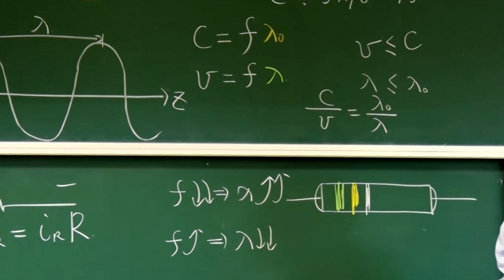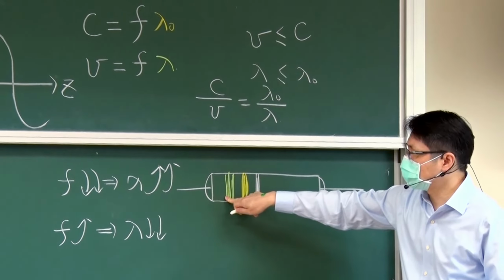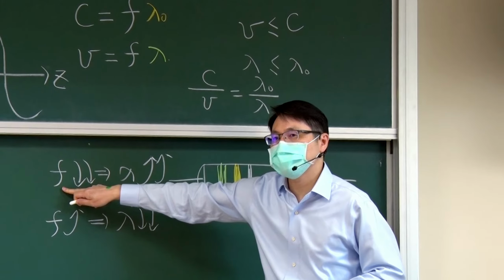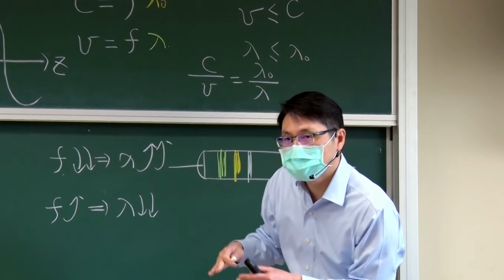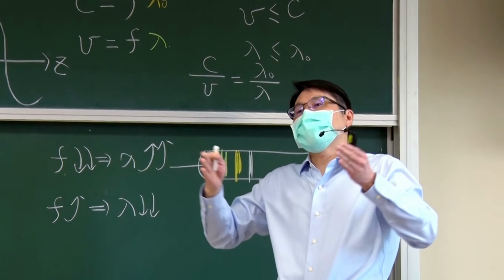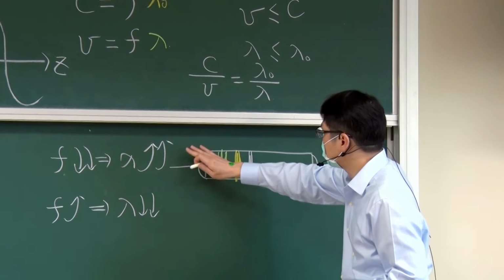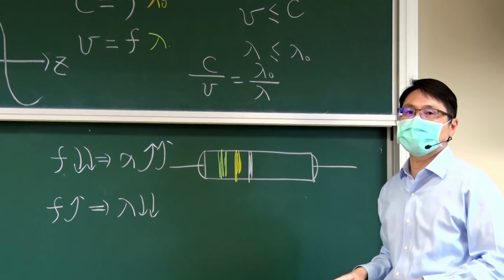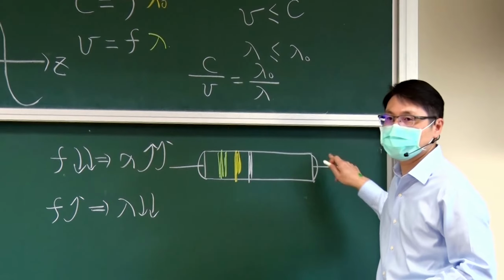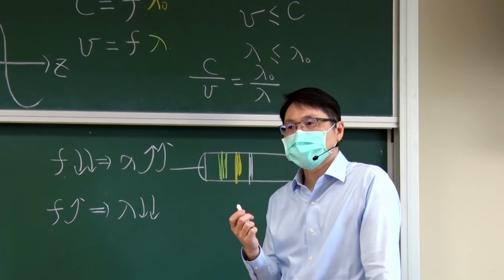In this case, when your operational frequency for that source is very low, then the wavelength is very long. That means across the entire resistor, point by point, all the voltage values are the same.